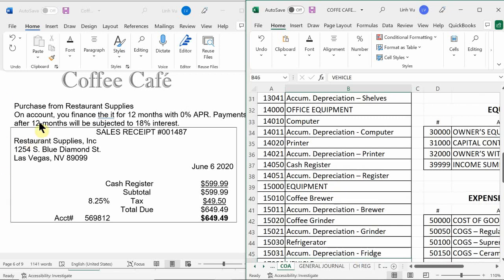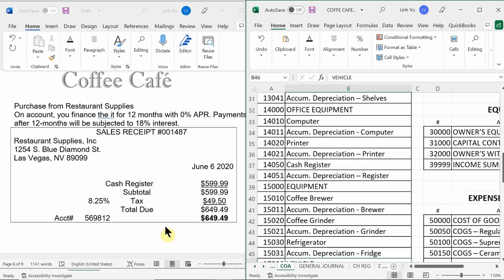I acquired a cash register. So what does that mean on my books? What did I buy? Cash register. You bought a cash register, right?